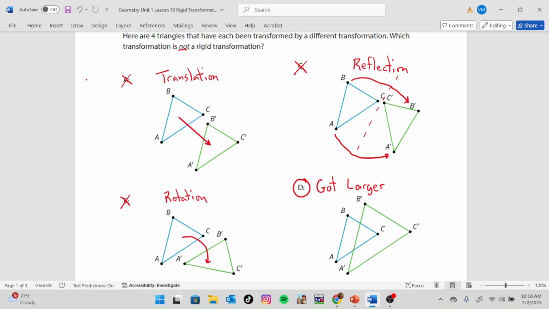So we have three rigid transformations. They are translation, rotation, and reflection. And in all three of those, the side lengths stay the same and the angles stay the same. That bottom right one, because it got bigger, the side lengths are no longer congruent. That is not a rigid transformation.